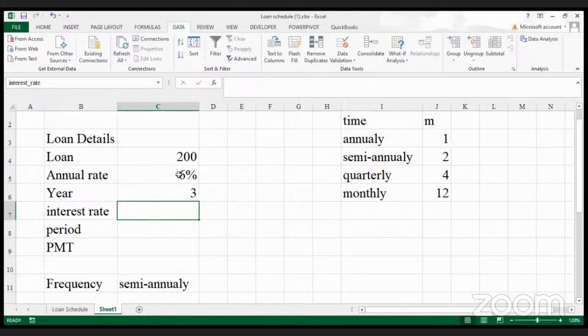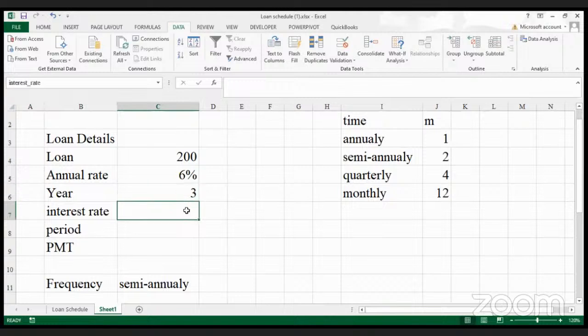If it is going to be on monthly basis, then we take the rate and divide by the frequency. But for the year, which is going to be changed to period, we multiply the frequency by the number of years. So let's start with interest rate.